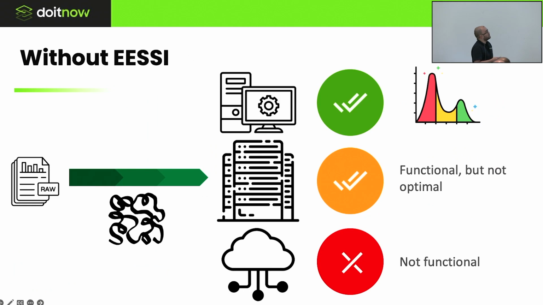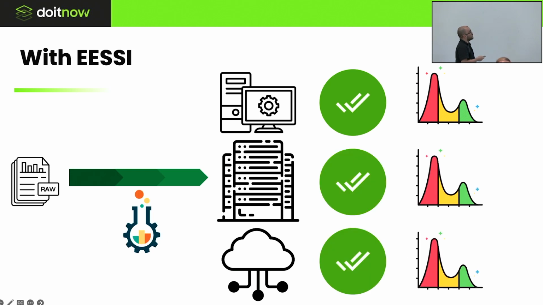So instead of the previous case that I mentioned, non-functional or not optimal, you can have ideally perfect scalable pipelines. It's a good solution for all users.